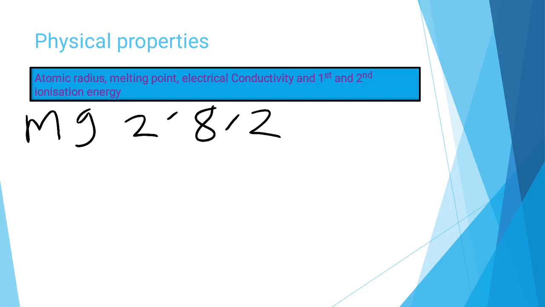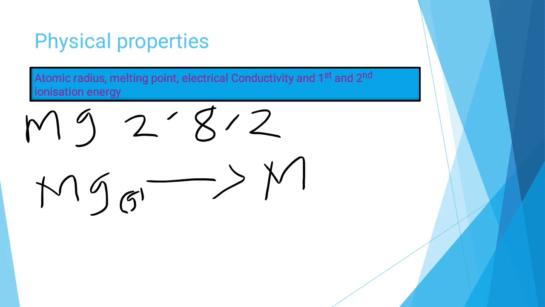So when we have the atomic structure looking like this, and the configuration looks like this, that means that if we take magnesium and we want it to lose, remember that we are saying that it is in gaseous state, it will lose an electron like this, which is also gaseous, plus 1 electron.